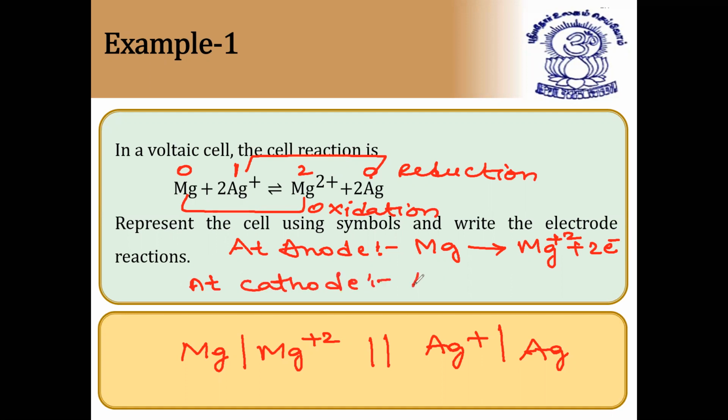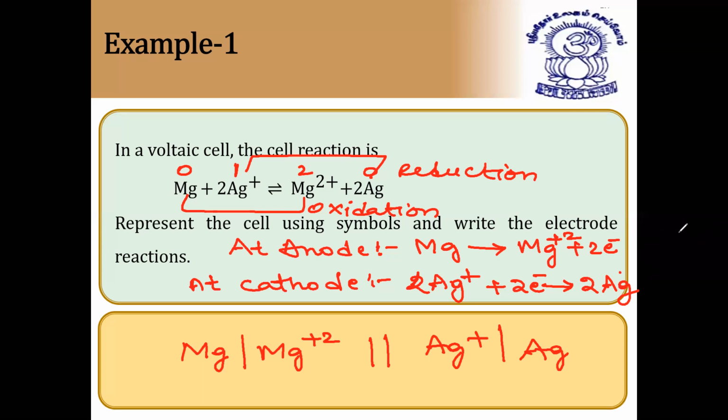So 2Ag+ plus 2 electrons forms 2Ag, because 1 Ag+ is gaining 1 electron, so 2 Ag+ means gaining 2 electrons. The 2 electrons are coming from magnesium. So in this way you have to write the cell representation as well as the reactions at cathode and anode.